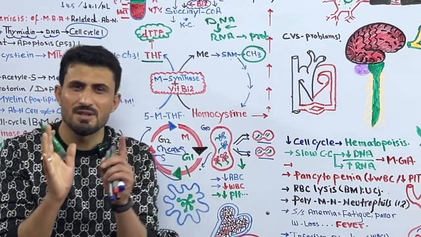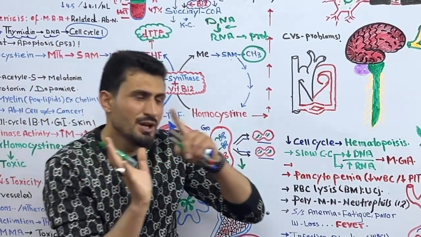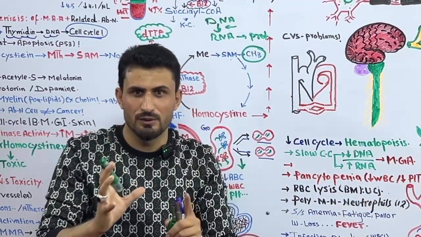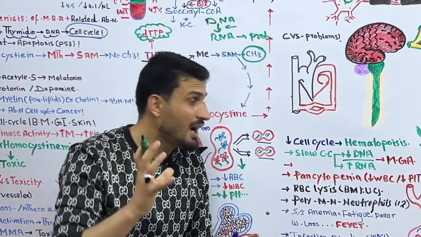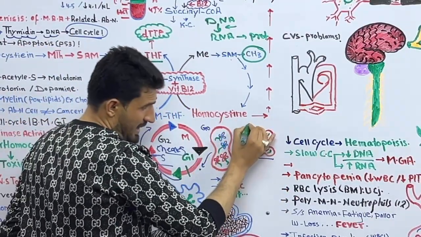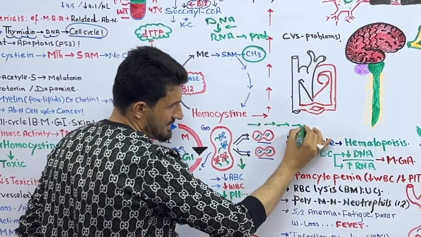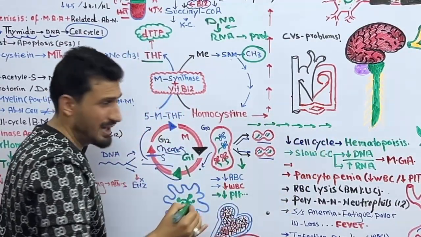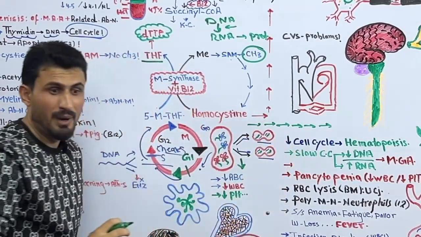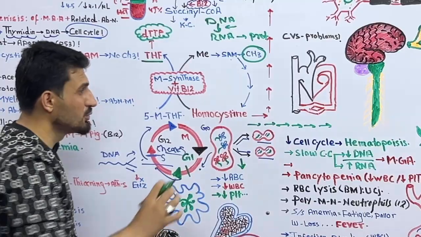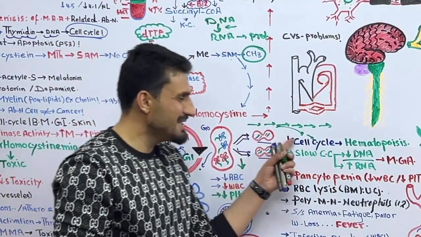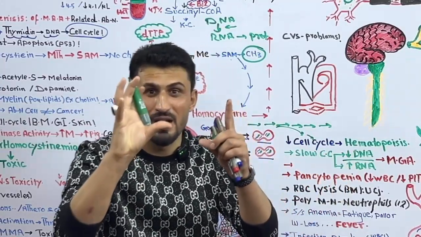Plus, some cells come out from the bone marrow to the blood circulation in large form, which are called megaloblastic cells, because we discussed that when an RBC is maturing, its size is decreasing. So now, because I don't have enough DNA, I cannot mature my RBCs. So some immature RBCs come out to circulation, and these immature RBCs will have large size.